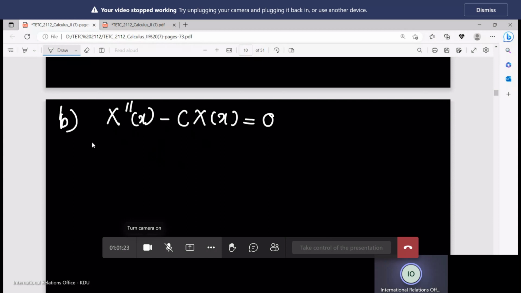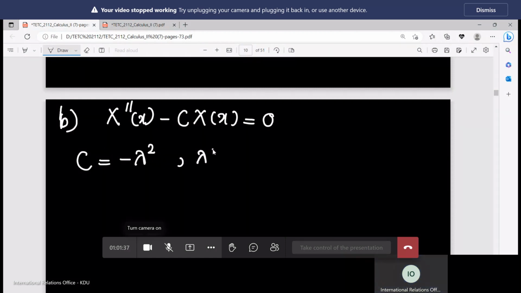Since it is clearly mentioned that we have to consider c is equals to minus lambda squared, we don't need to proceed with the first one and the second part. We just start from this one. So here we are assuming this lambda is a positive value. Lambda කියන්නේ positive value එකක් හින්දා lambda squared කියන එක already positive. ඒක ඍණ ලකුණකින් ගුණ කරනවා. ඒ කියන්නේ මේ c කියන එක negative value එකක් වෙනවා.